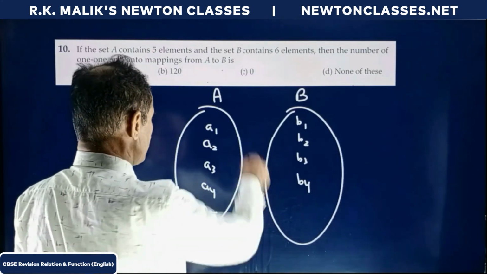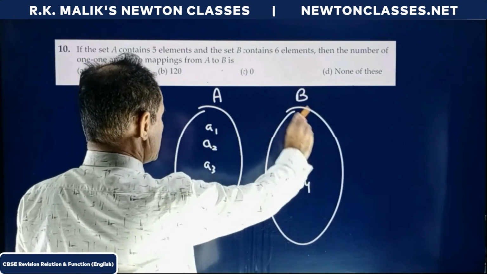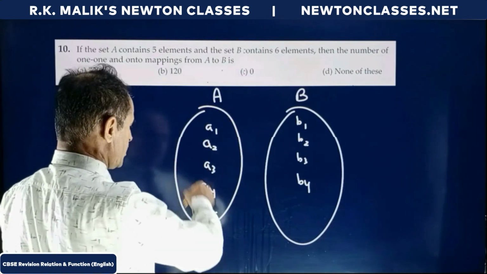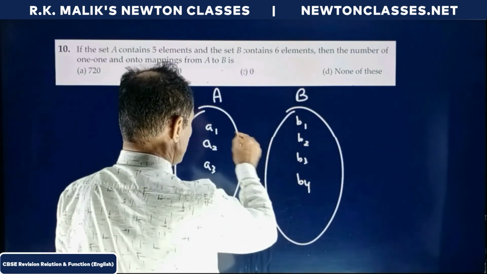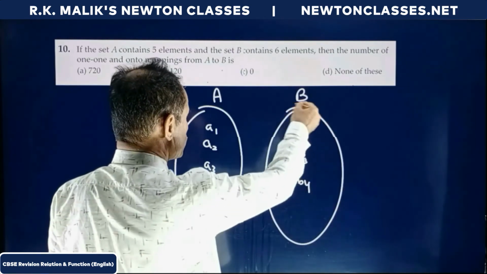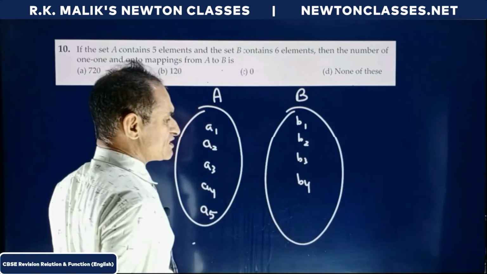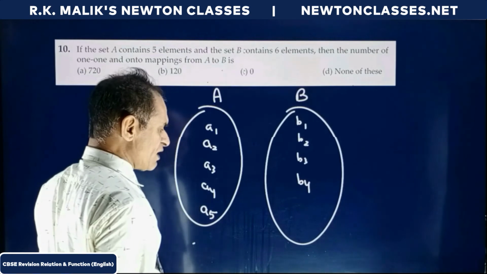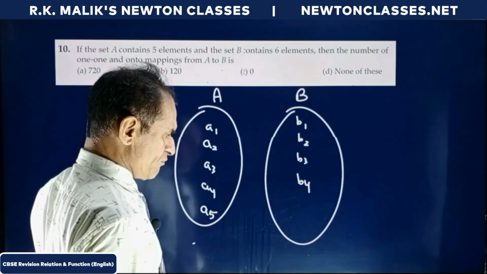And in the case where A contains more elements than B, as here 5 elements are here and this contains 4 elements, 5 arrows will come out and have to reach these 4 places, there will be at least one element on which more than one arrow will reach. Hence the function will not be 1-1.